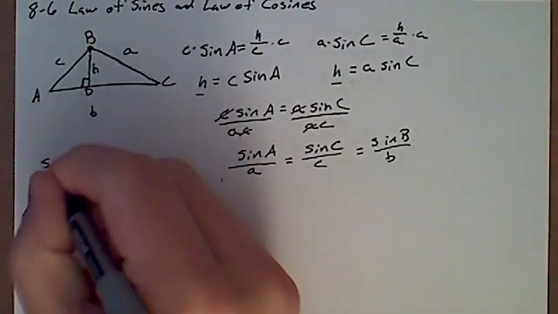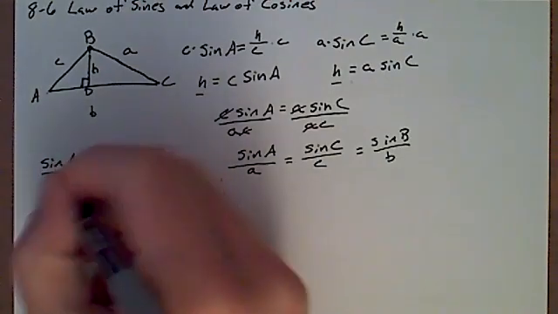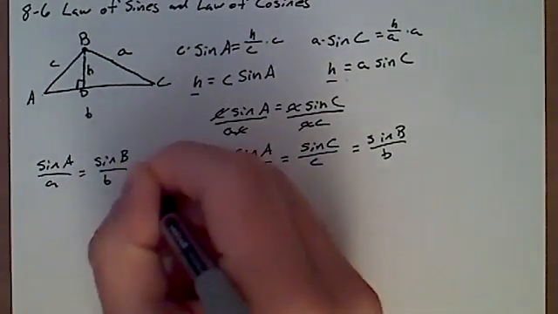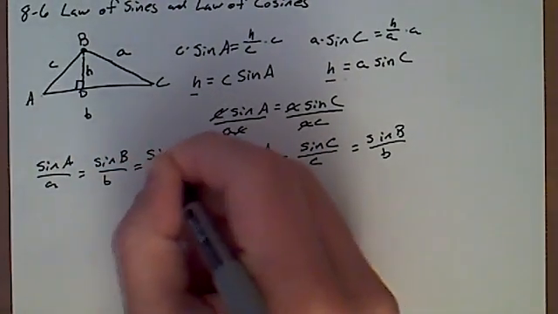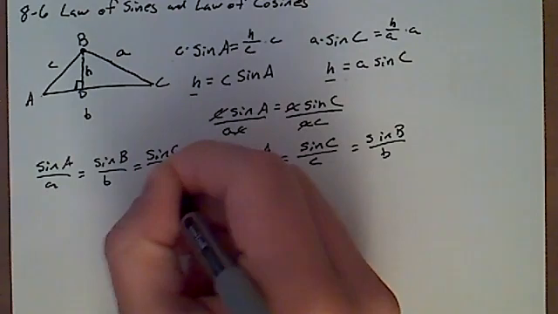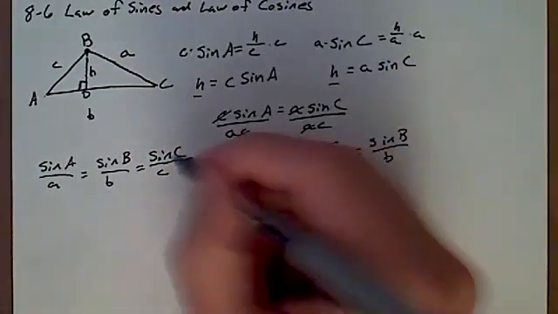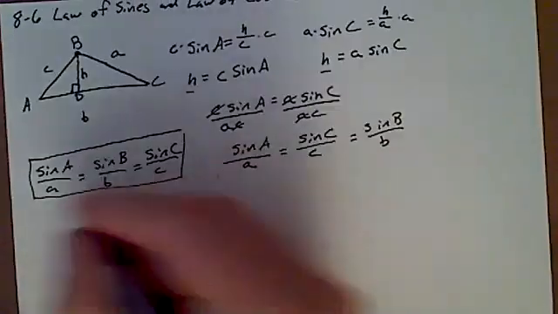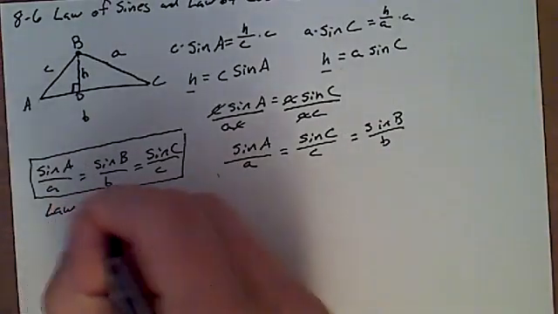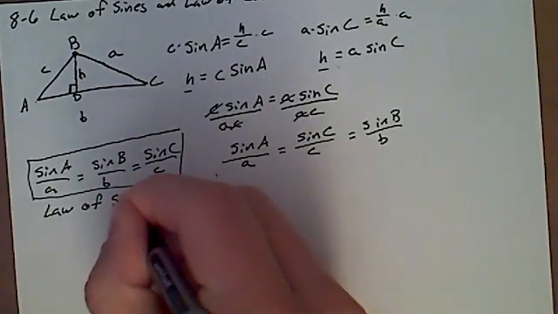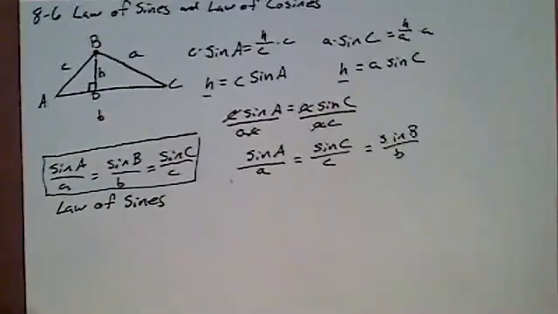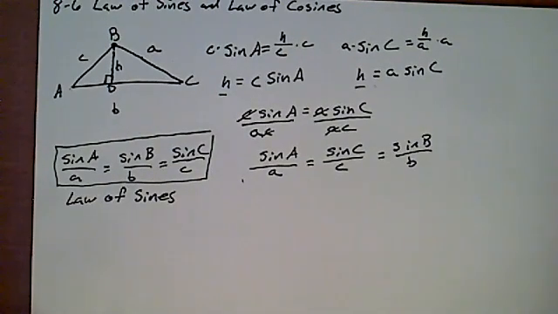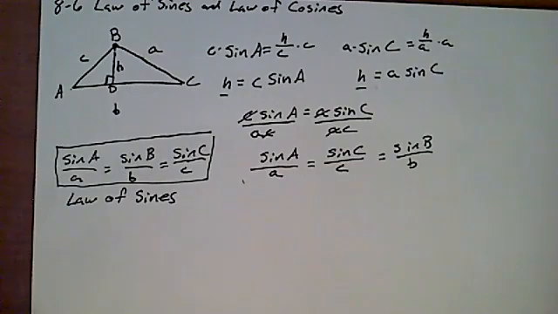So you'll see sine of A over a equals sine of B over b equals sine of C over c. And this is called the law of sines. It is how we solve for sides and angles in a non-right triangle.